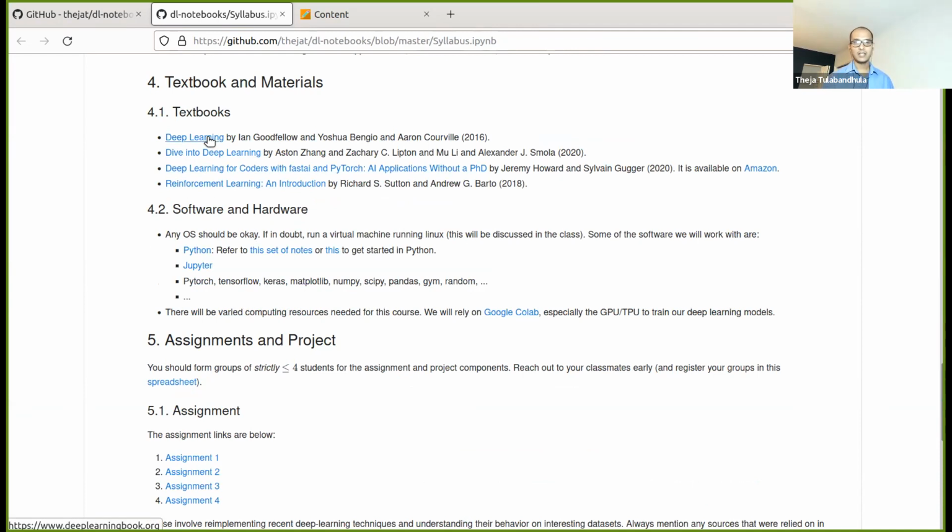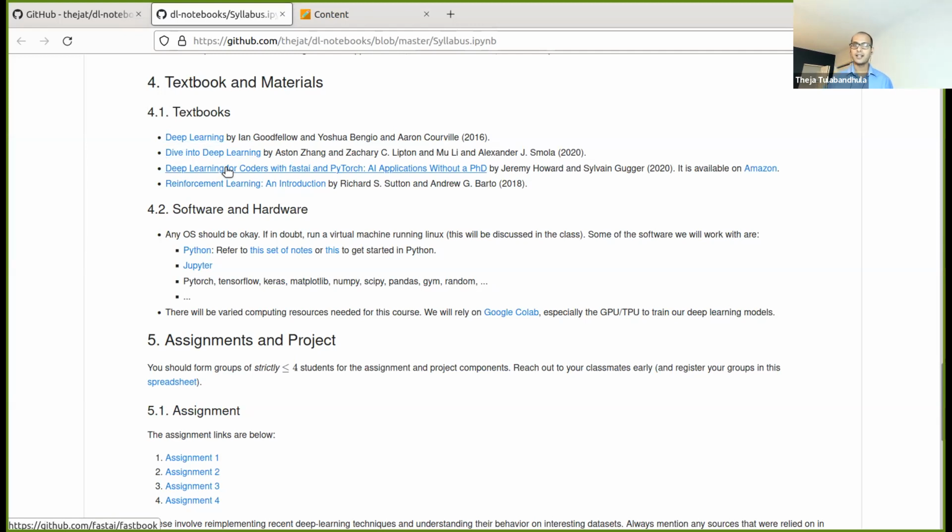It's a little bit dated in the sense that it's 5-6 years old. Dive into Deep Learning, by some really good researchers from I think Amazon, is a book which complements topics with code. It's also openly available, so you can certainly look at it.